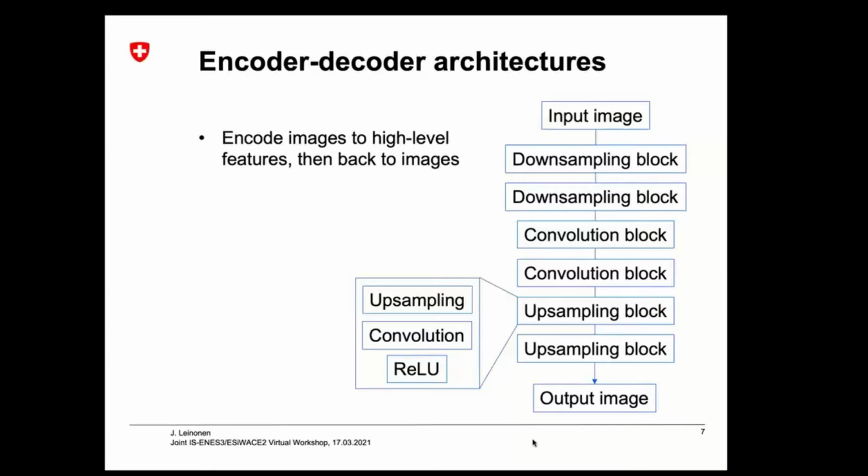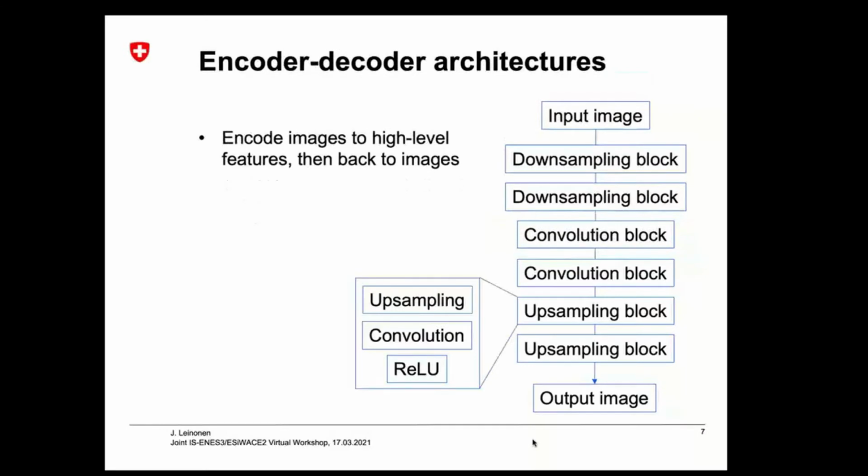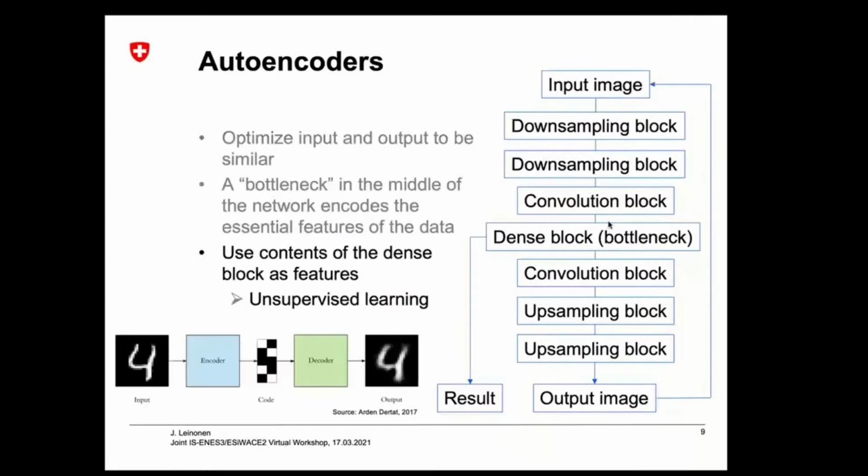And from these encoder-decoder architectures, we get to the so-called autoencoders. So here we add to this previous architecture, in the middle between the convolutions, a bottleneck, which basically drives the data processing through a very small amount of information.